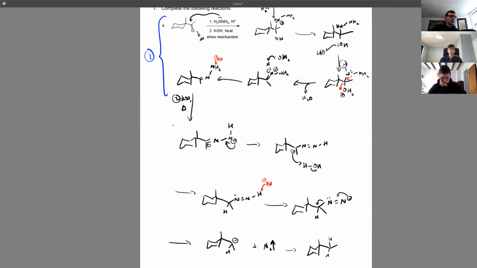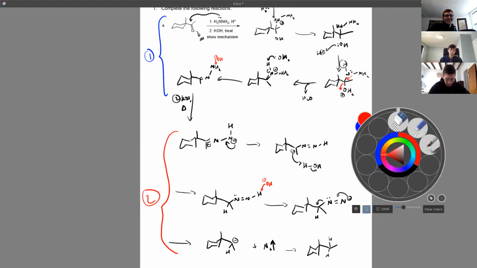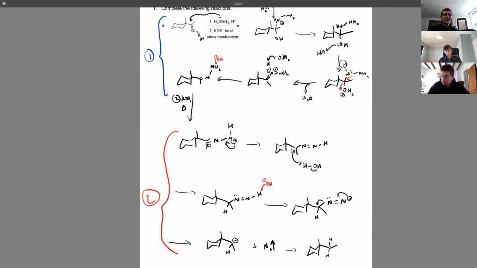And so this, oh, that's ugly. This is step 2. Nice and long. Yeah. So this is the whole Wolff-Kishner mechanism. Yeah, it's a long mechanism.